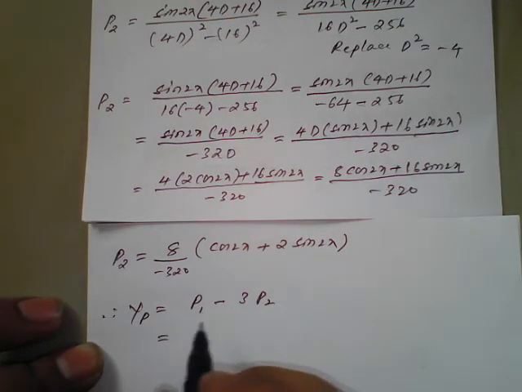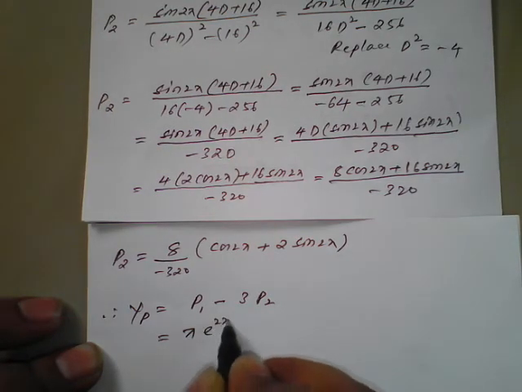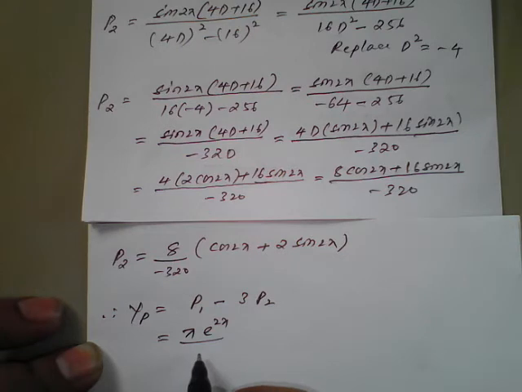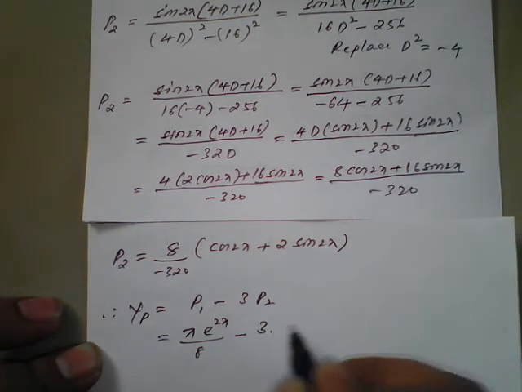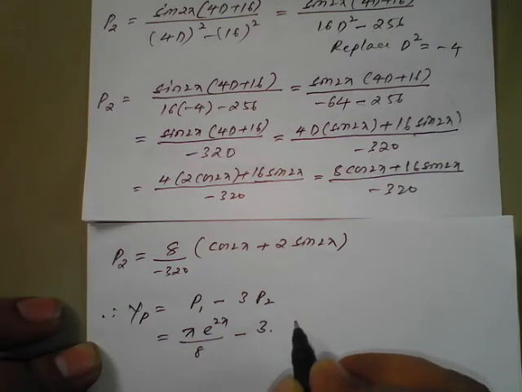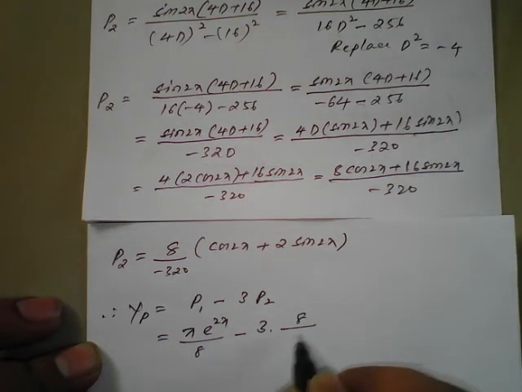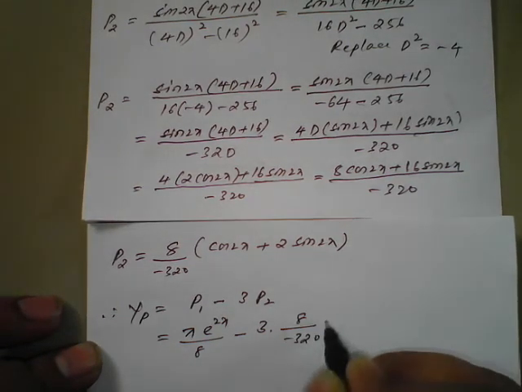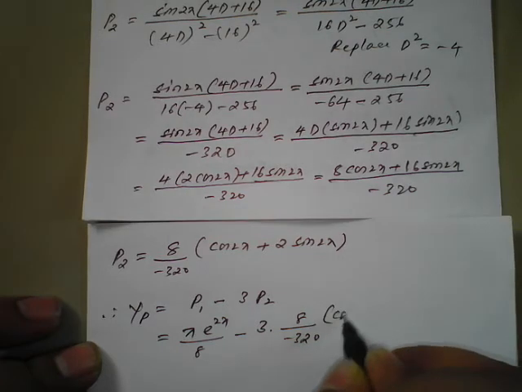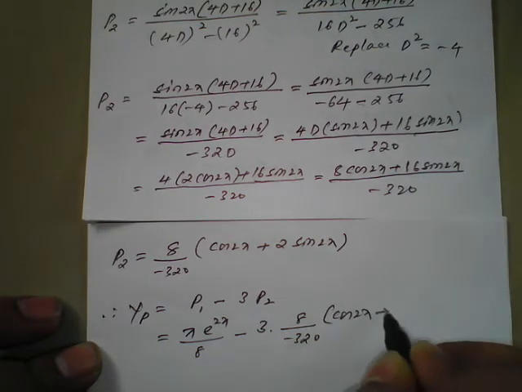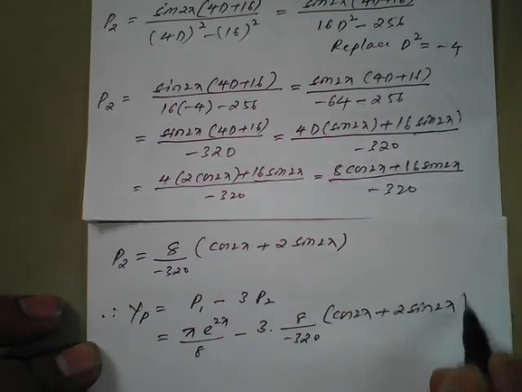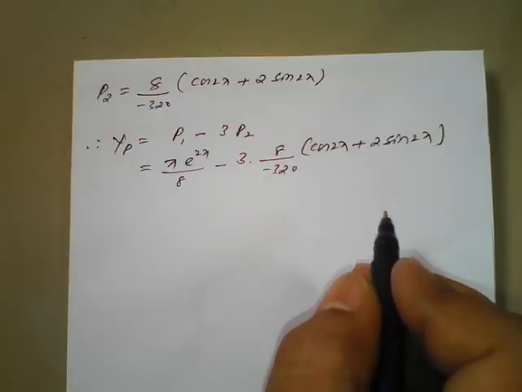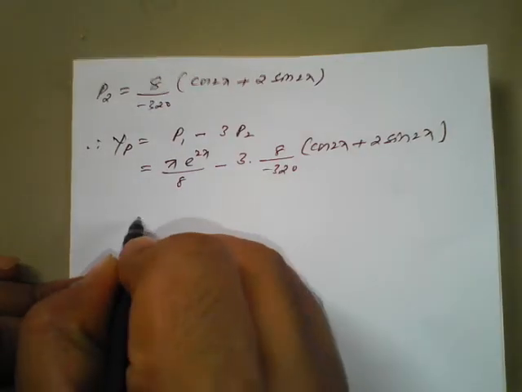So P1 answer we got is x e raised to 2x divided by 8 minus 3 times P2 answer, which is 8 divided by minus 320 of cos of 2x plus 2 times sine 2x. So rearrange and simplify.